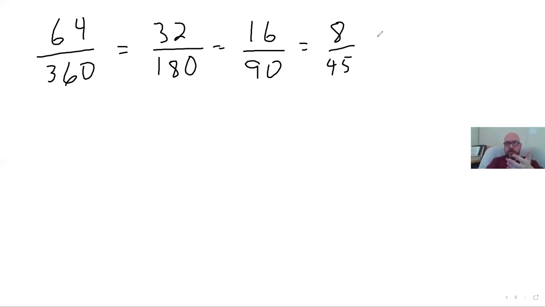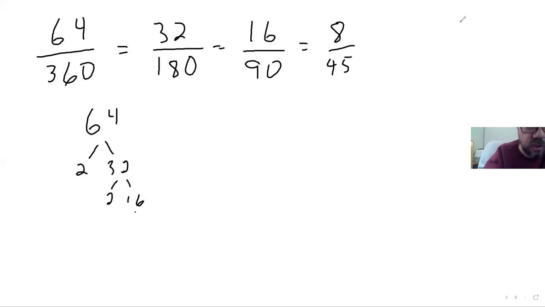There's another way to do it, which is all at once, which is actually my preferred way. So let me show you that. I'm going to find the prime factorization of both of these, 64 and 360, by doing the factor tree. So 64. Smallest thing that goes into 64 is 2. 32, and 2, 16, and a 2 and an 8. And that's 2 and 4, and 2 and 2.